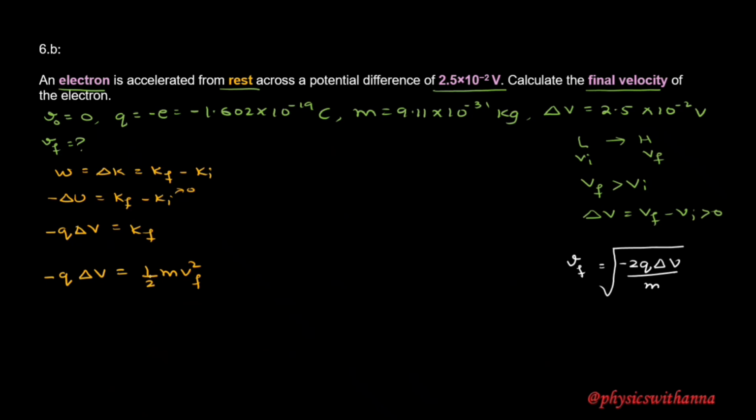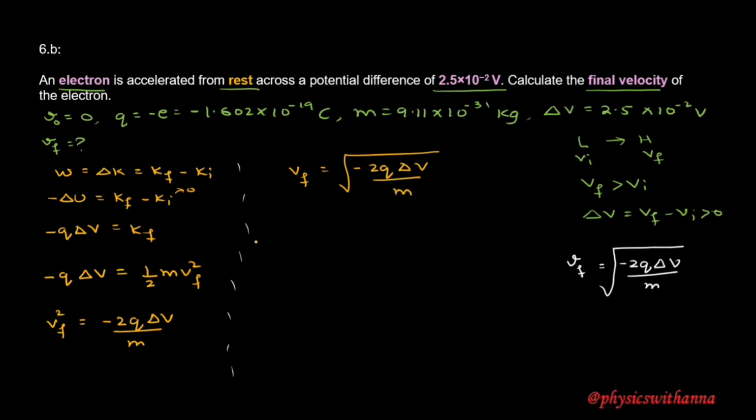Now we can rearrange here. We will multiply with 2 and divide with m. So you get V final squared equals negative 2q delta V over m. Or you can rewrite the expression as V final equals square root of negative 2q delta V over m.